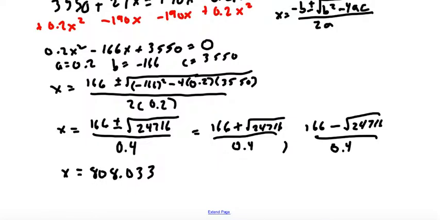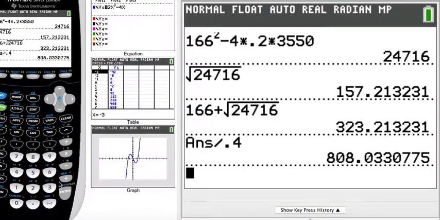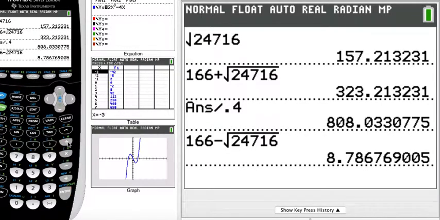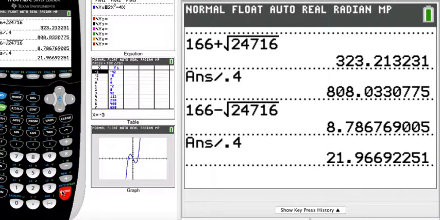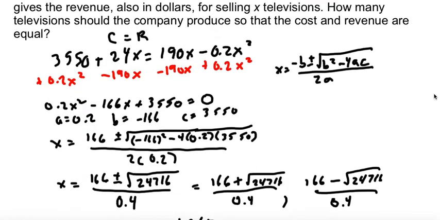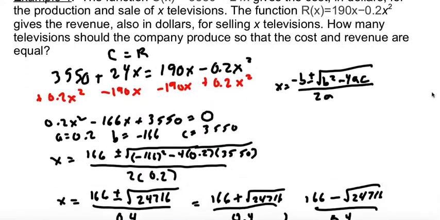Okay, let's find the other one as well. So 166 minus the square root of 24,716 divided by 0.4 equals 21.967. So now, how many televisions should they produce?